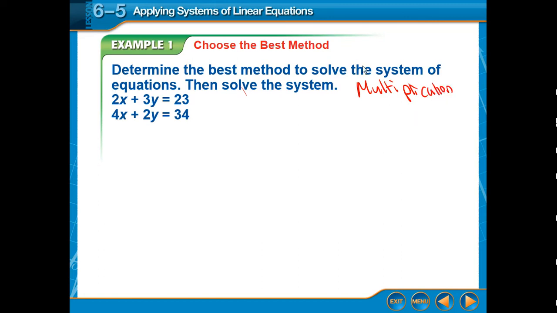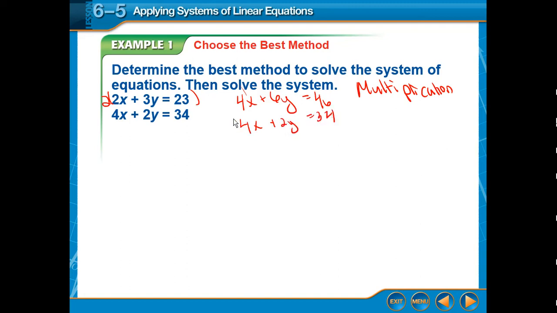or elimination by multiplication. So I want to get these to be the same, either on my x's or my y's. X is going to be easy because if I multiply my first equation by 2, I'm going to get them to both be 4. So I get 4x plus 6y equals 46. And my second equation, 4x plus 2y equals 34.